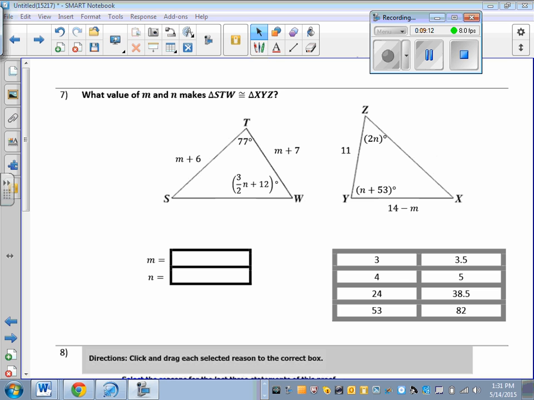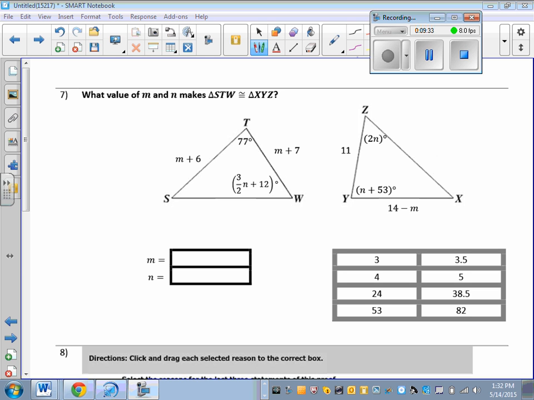All right, number 7. What values of M and N make STW congruent to XYZ? So how would I solve for N? I think that's probably the easy one, right? Because they're talking about the angles. So you're trying to solve for M first? Okay.